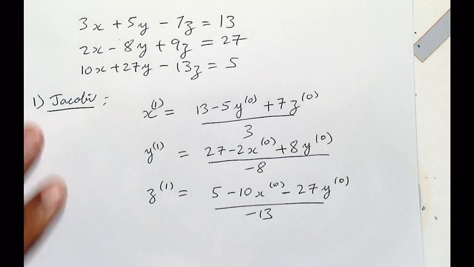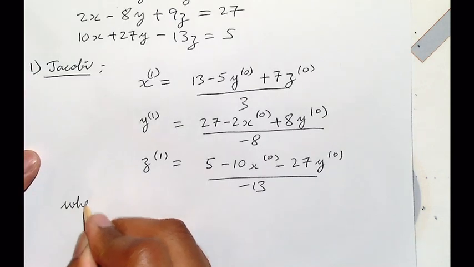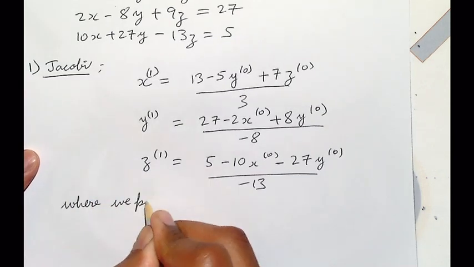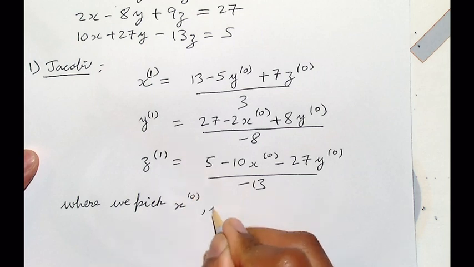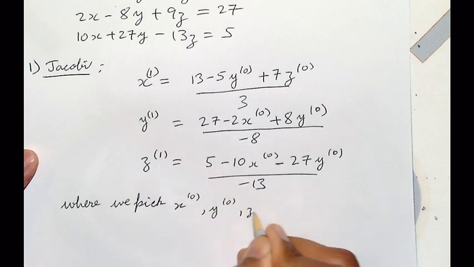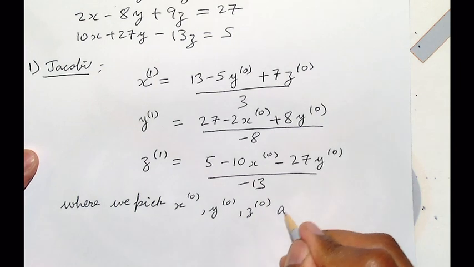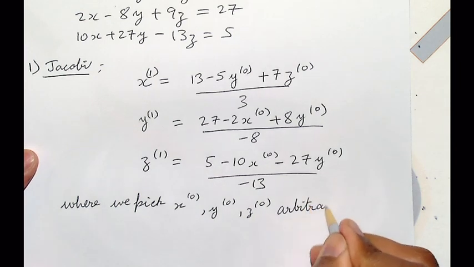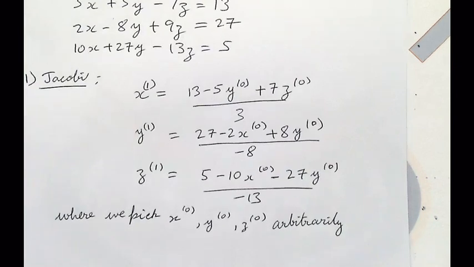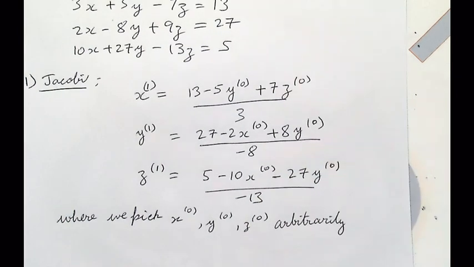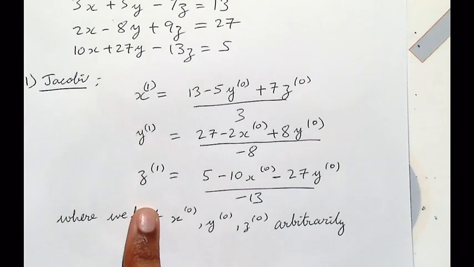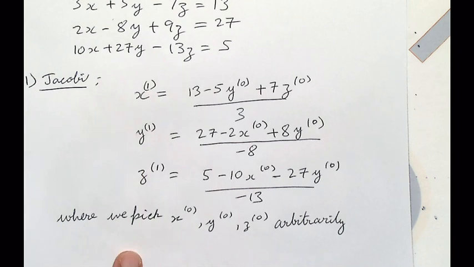Okay? So we pick x0, y0, z0 arbitrarily. You plug it in, you get some values of x1, y1, z1. Then you use this x1, y1, z1 to compute x2, y2, z2.